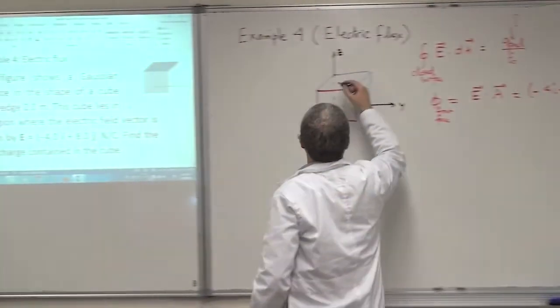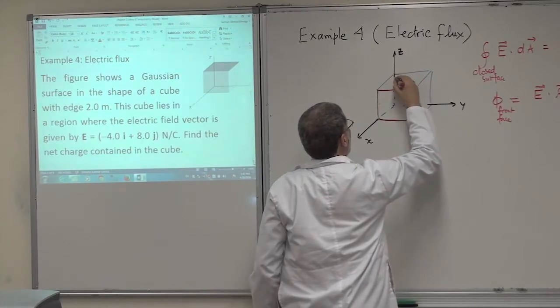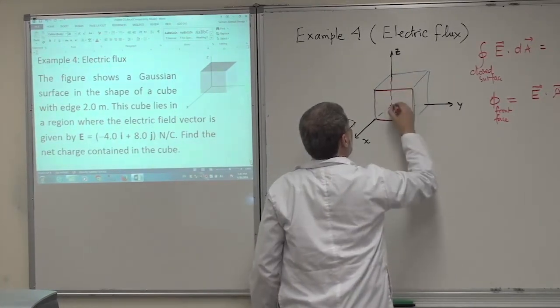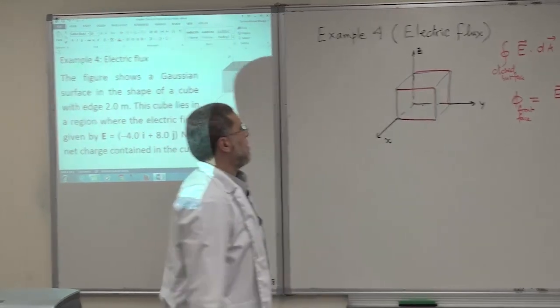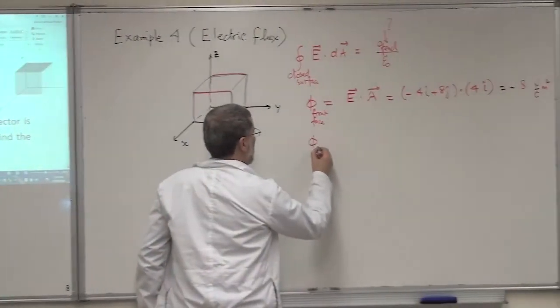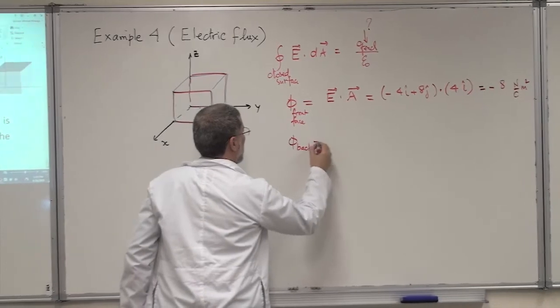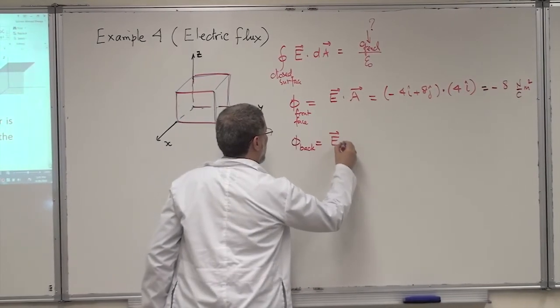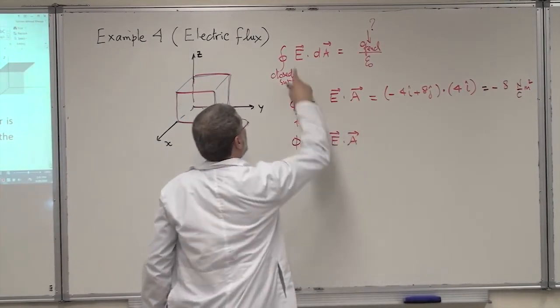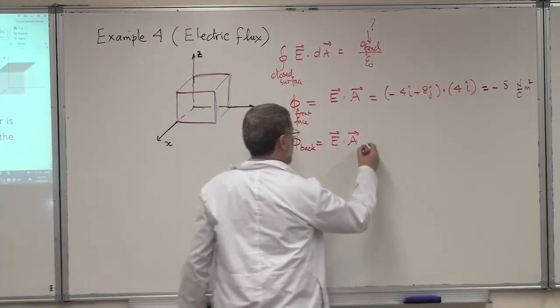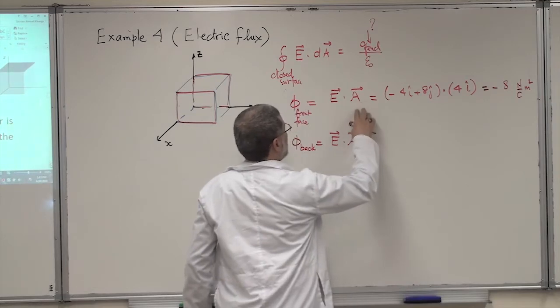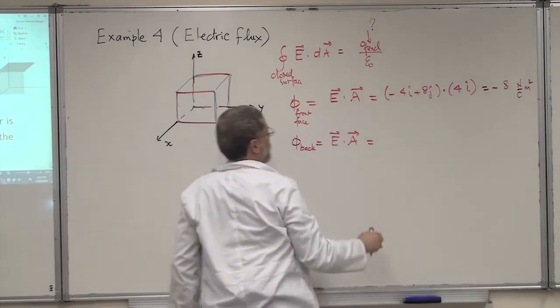Now I'm going to go to the back face, which is the face there, the face in the back, okay. All right. So phi back is equal again to E dot A. I take the integral and I remove the integration, okay.